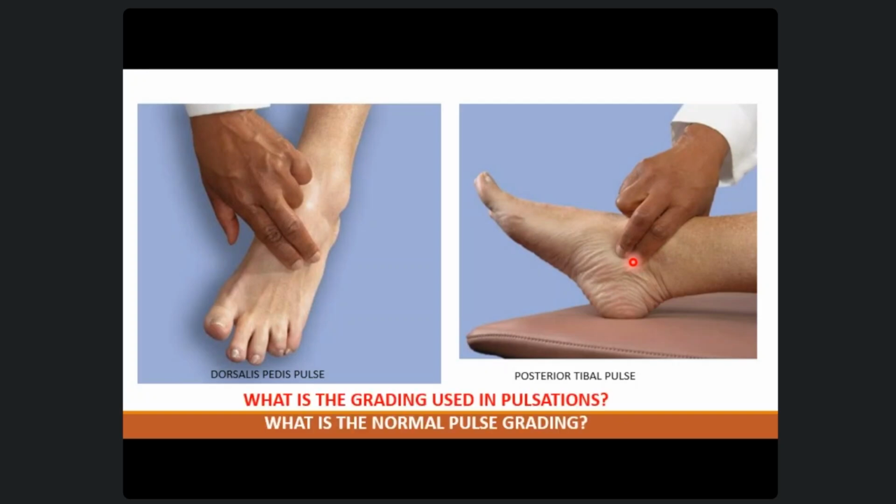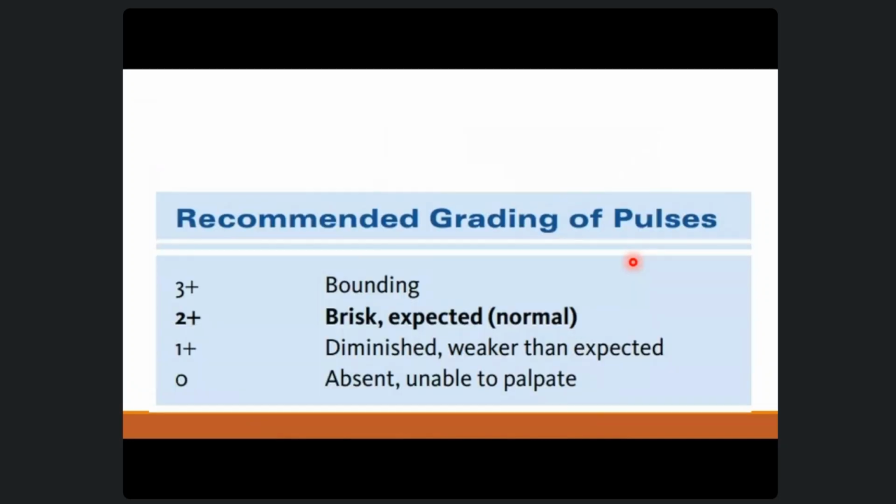Mamaya. So this one, what is the grading used in pulsations? 1, 2, 3, 4, 5, 6. Ilan? What is the normal pulse? Plus 2. So ano ang up to ilang grading? Four. Hindi. Ang answer is 3 lang siya.